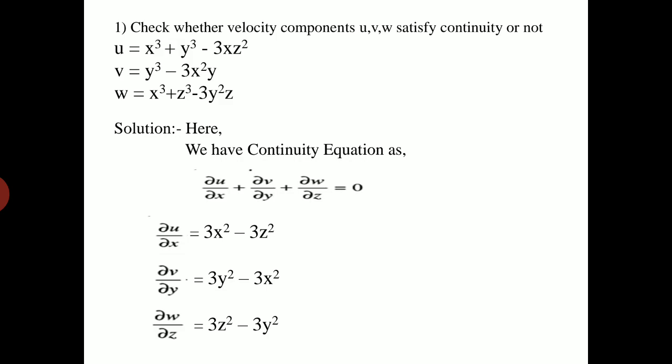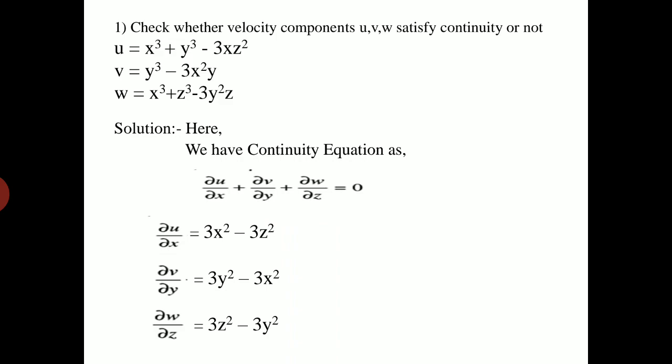So we have to find whether these velocity components are satisfying the continuity equation or not. So we have the continuity equation, that is ∂u/∂x plus ∂v/∂y plus ∂w/∂z is equal to 0.